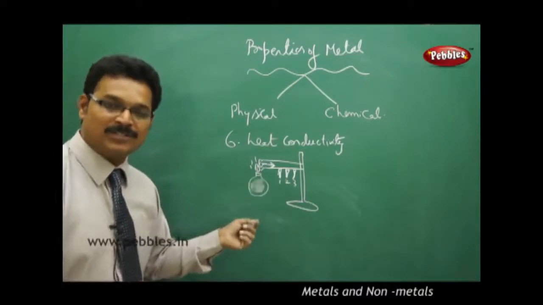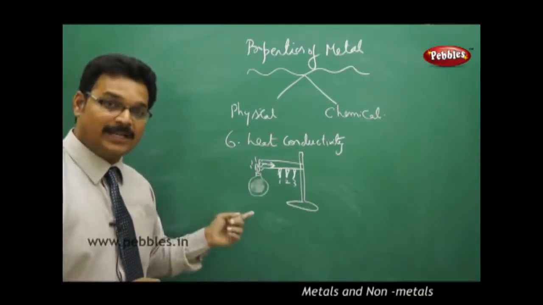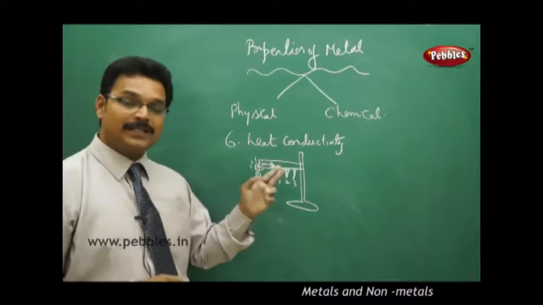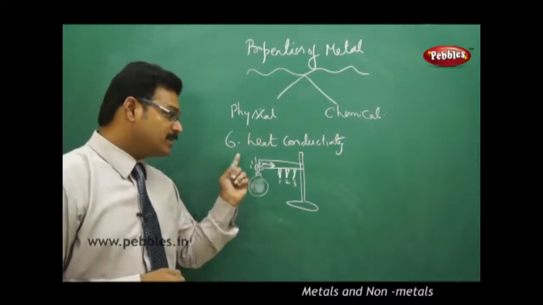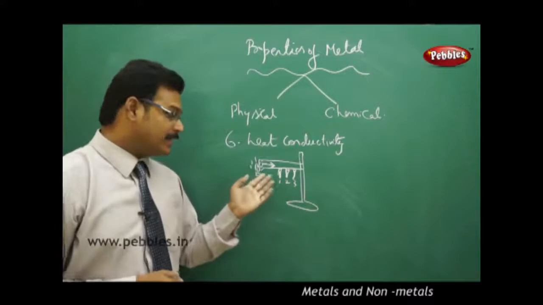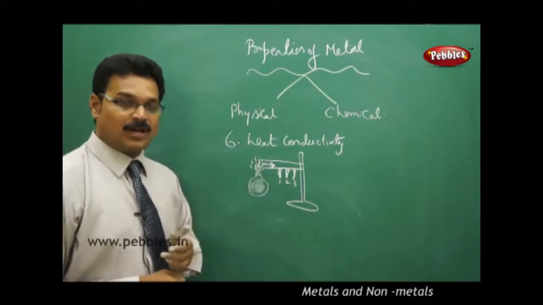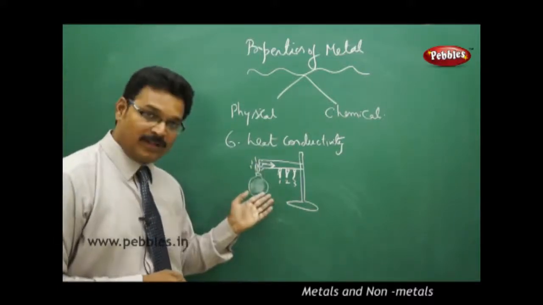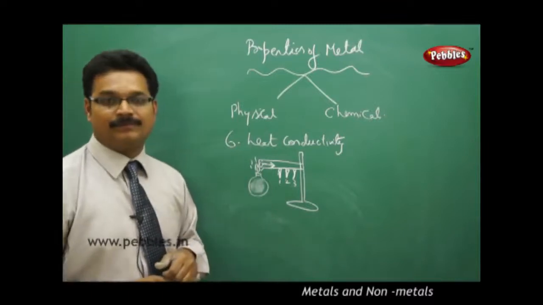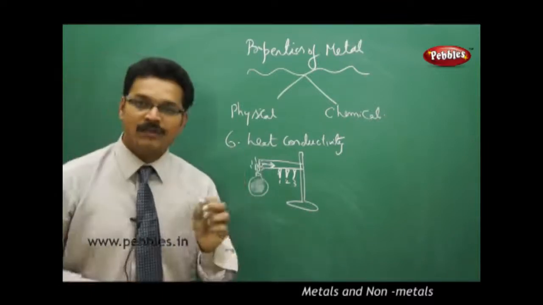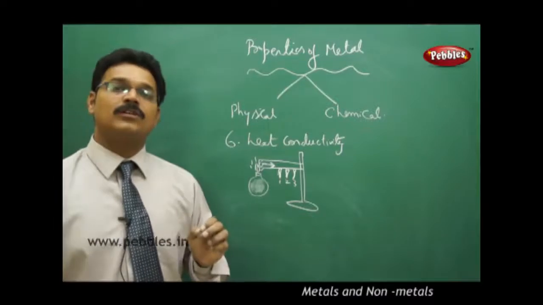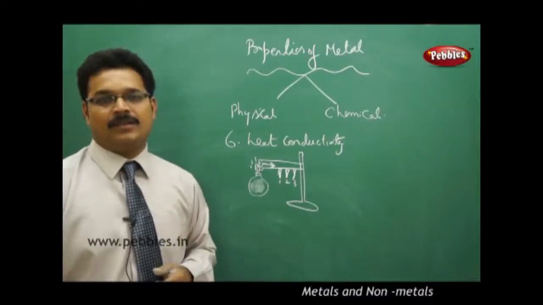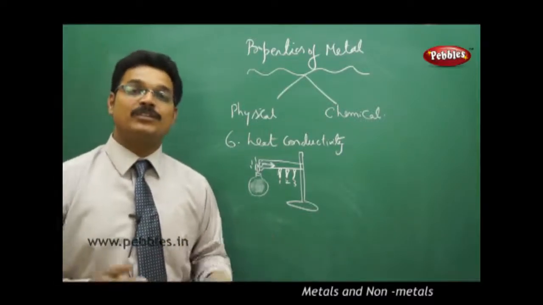So that small demonstration explains that heat can flow from one end to the other end, and in whichever direction heat is flowing, in that direction only the temperature change or pin falling can be observed. And heat conductivity is not only for the iron rod, it is for all metals. Take another example of kitchen utensils.